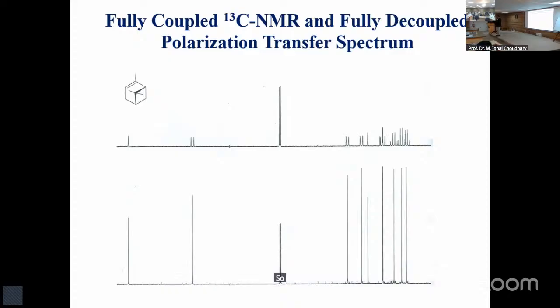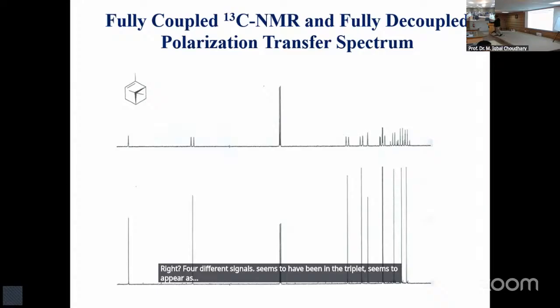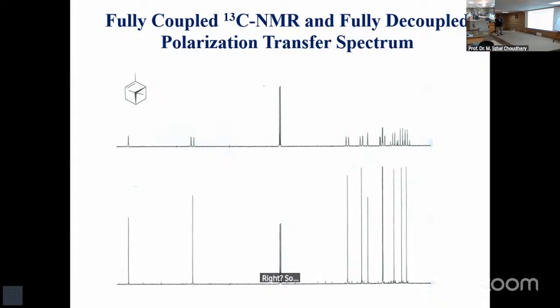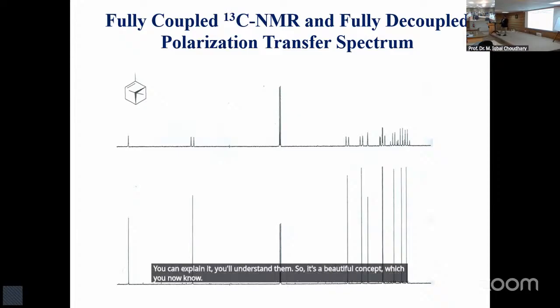So CH3 appeared as a quartet, right? 4 different signals. CH2 appeared as a triplet, CH appeared as a doublet, and quaternary carbon appeared as a singlet, right? So you see a spectrum like this. Fully coupled spectrum, explainable on the basis of the n+1 rule. Right? The n+1 rule is not magic now. You can explain it, you understand that, right? So it's a beautiful concept which you now know.